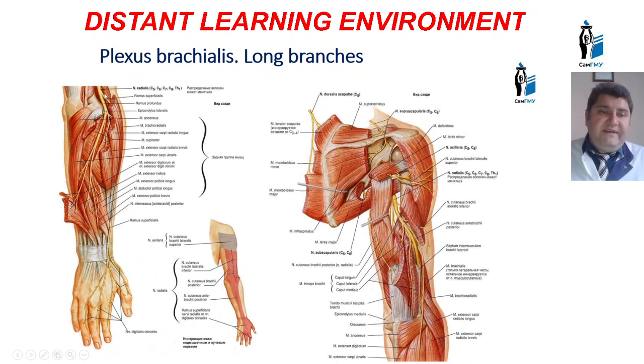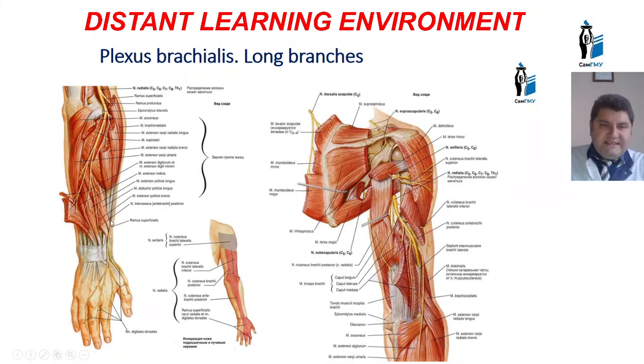Also you may see the muscular branches of the radial nerve. So all the muscles of the posterior group of the forearm and also the brachioradialis muscle are innervated with branches of the radial nerve.